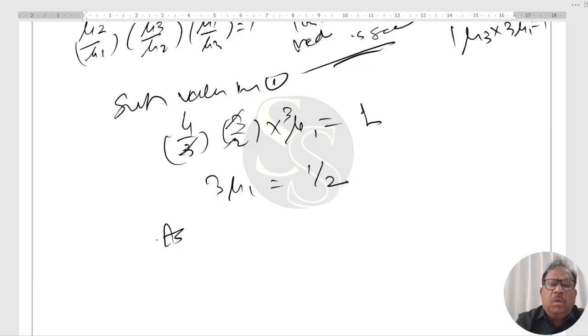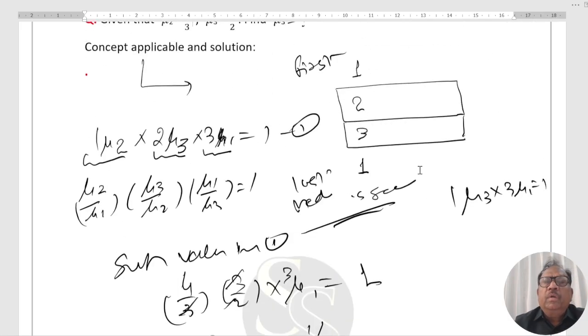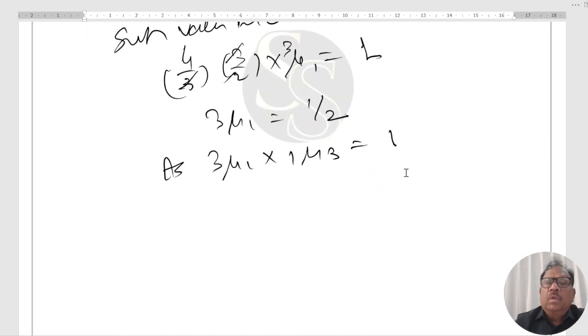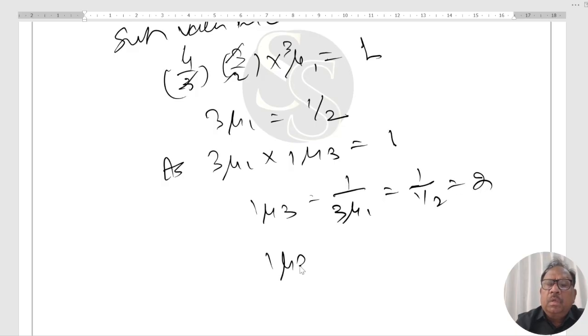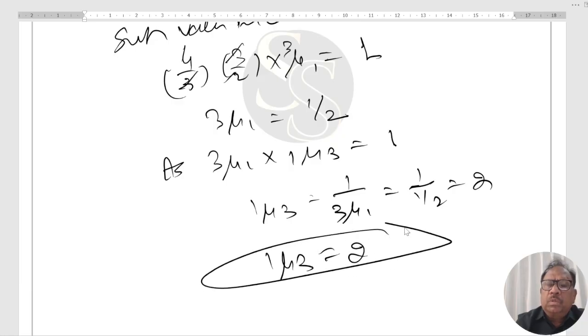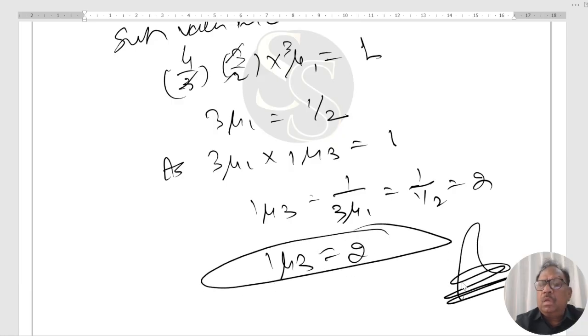According to the principle of reversibility, 3 mu 1 into 1 mu 3 equals 1. Therefore, 1 mu 3 equals 1 over 3 mu 1, that comes out to 1 upon 1 by 2, that is 2. 1 mu 3 comes out to 2. This is the answer. Right?